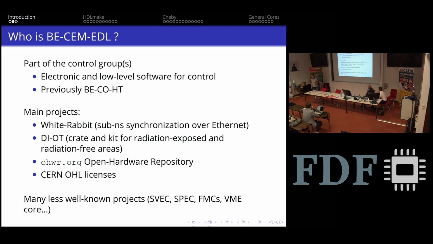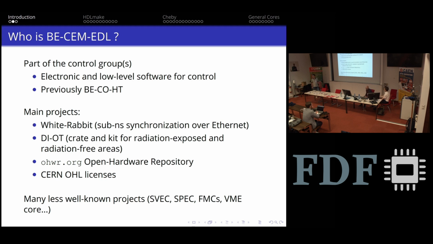And we are mostly well known for being at the origin of the White Rabbit project, which is a way to synchronize clocks over Ethernet. And by synchronization, we mean, let's say, 7 nanosecond synchronization over more than 10 kilometers, which is, roughly speaking, the diameter of the LHC. But it's not our only activity. We are also at the origin of the DIoT ecosystem, which is a crate for field buses.